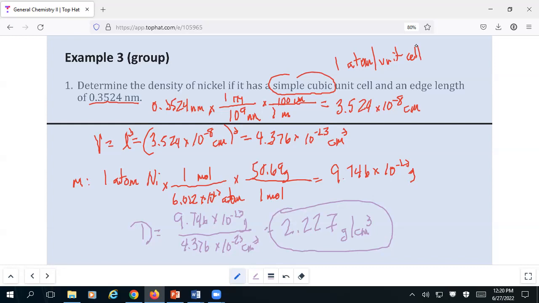You could work backwards to figure out the number of atoms in the cubic cell to figure out what kind of cell it is: simple, body-centered, or face-centered. You could be given that information about the unit cell and have to work backwards to figure out the edge length or the atomic radius. So there are other spokes, there are other directions that we can go, and your homework for this section will likely explore some of those.